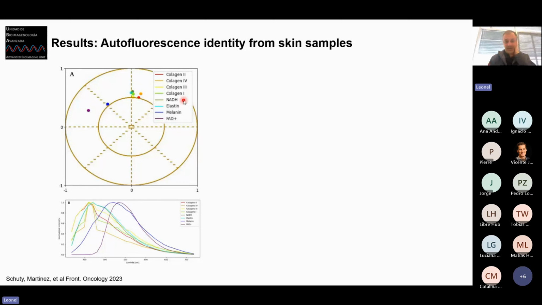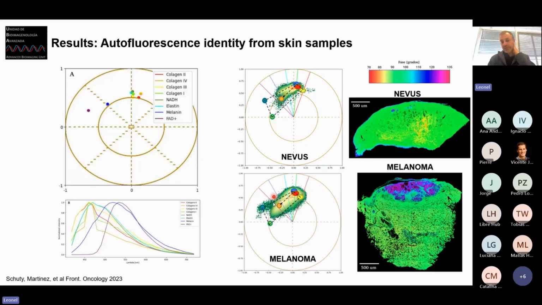Well, we can obtain the spectra for each of the different components and then plot them in our Phasor. And after that, play around with the linear combination to see if our data is aligned or not with this component.